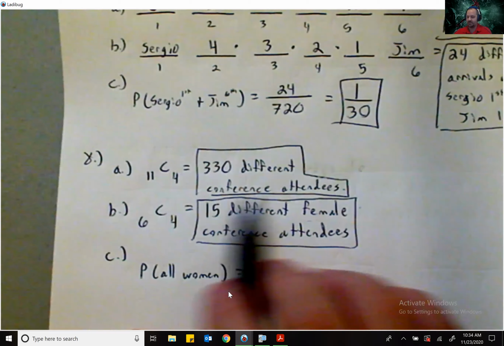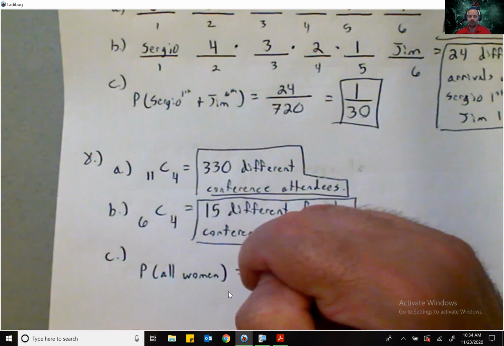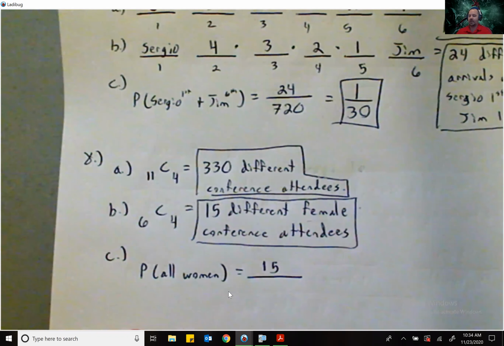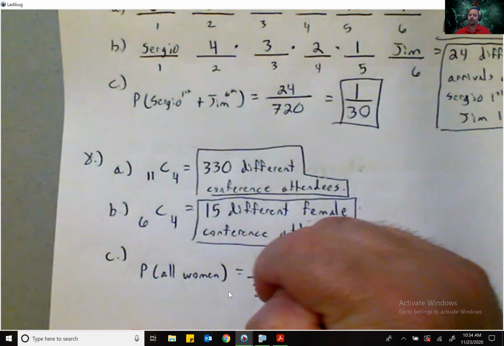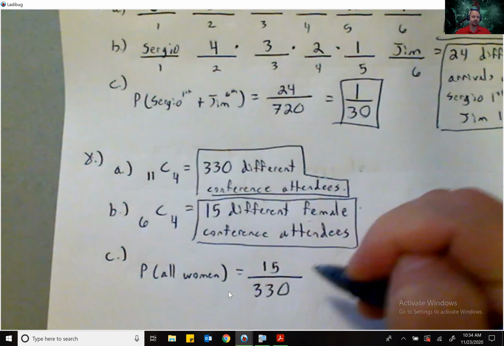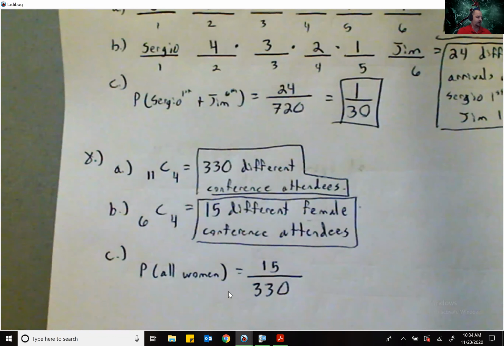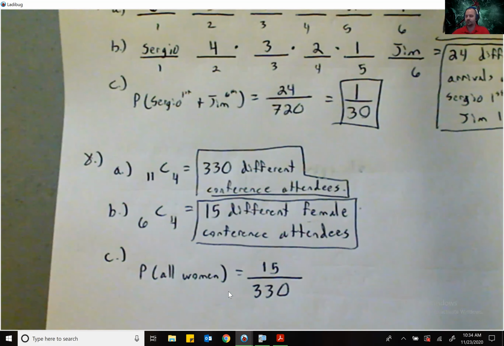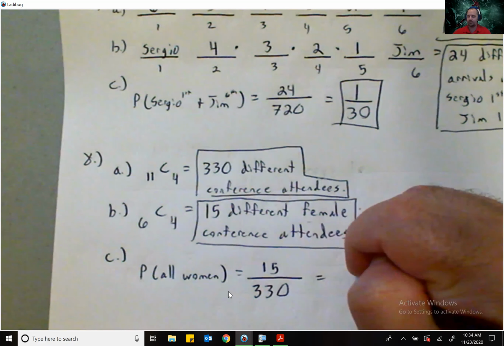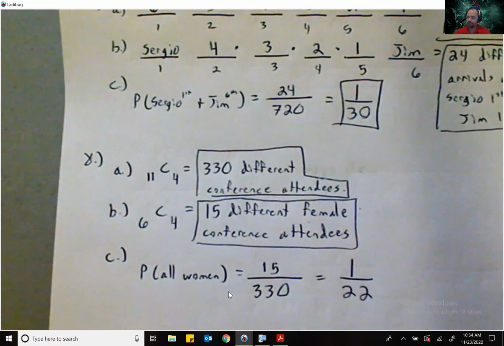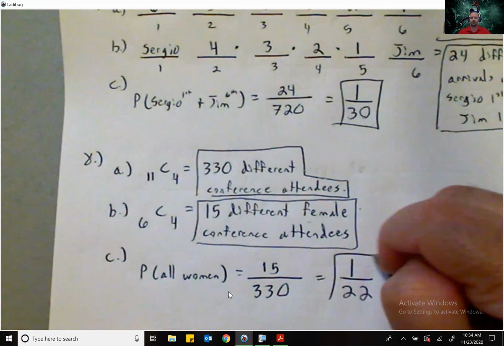So that's 15 different ways to accomplish that. And how many different ways total? 330. So you just go to your calculator. I'm going to start cutting out some of that calculator work. So alpha y equals, just doing this on my side calculator here, 330. So the real answer is 1 out of 22. That's what it reduces to.